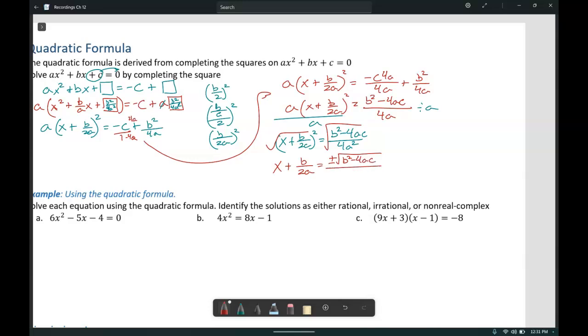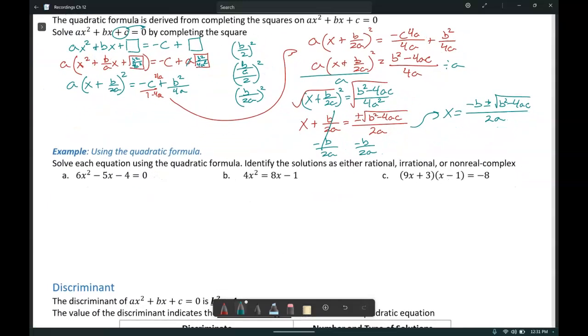Can't square root that, but we can square root 4a squared as 2a. And then last but not least, we subtract b divided by 2a from both sides, so that we end up with our familiar formula, x equals negative b plus or minus the square root of b squared minus 4ac all over the common denominator of 2a.